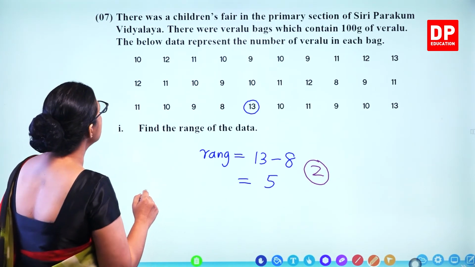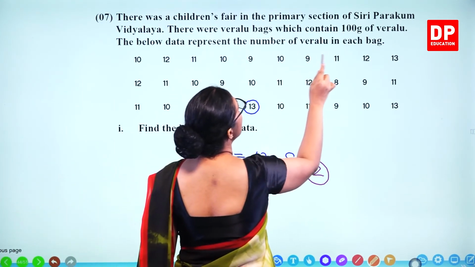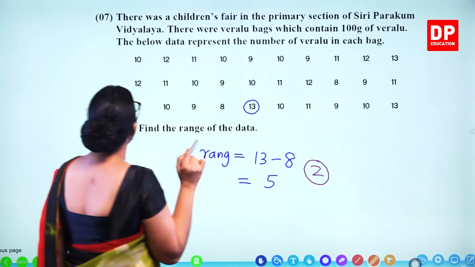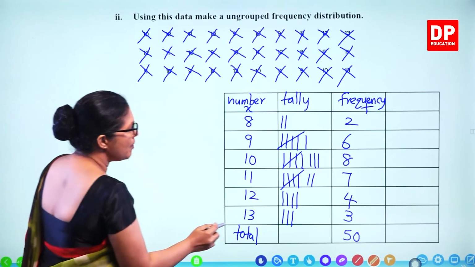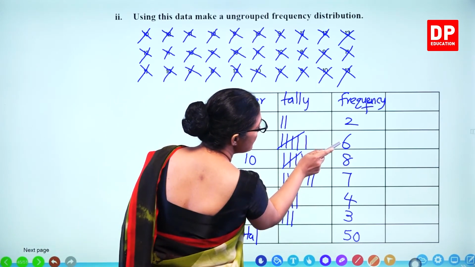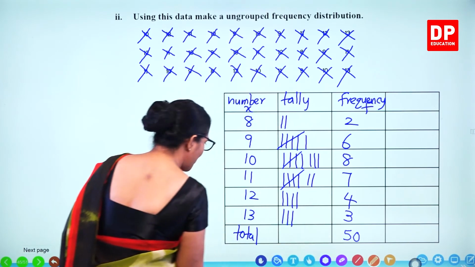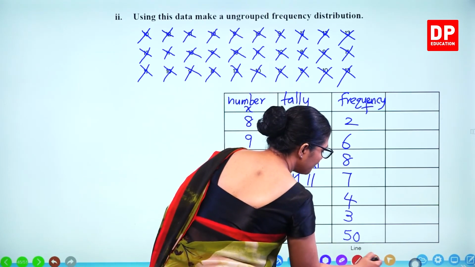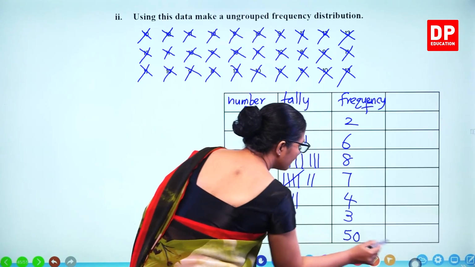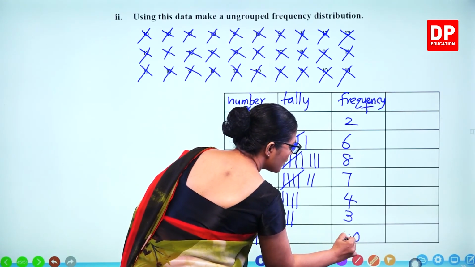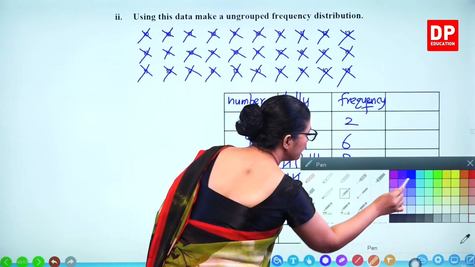So 50 is the total. We'll say 3, 1, 2, 3, 4, 5, 6, 7, 8, 9, 10. So the answer is 30. So we'll check the answer. We made a mistake somewhere. 10, 16, 20 and 30, not 50. So this becomes 30. 30 is the total.